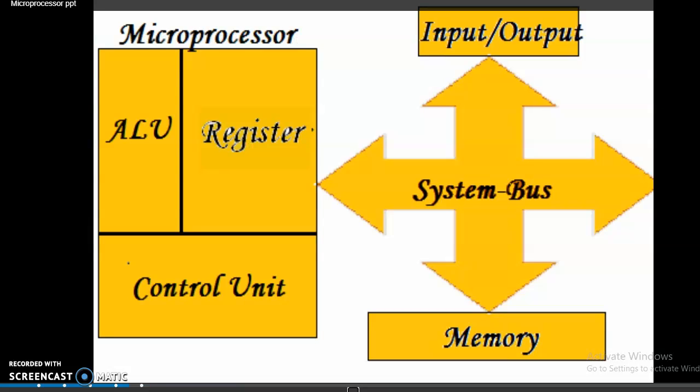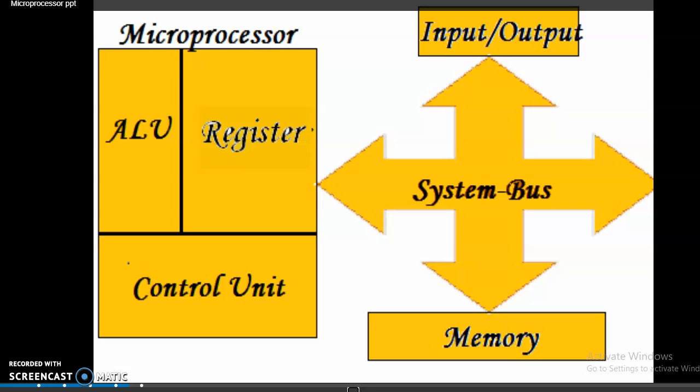The ALU is a component of the microprocessor, a unit where various computing functions are performed on data. It performs arithmetic operations such as addition, subtraction, and division, and logical operations such as AND, OR, NOT. It is also known as the brain of the computer system.